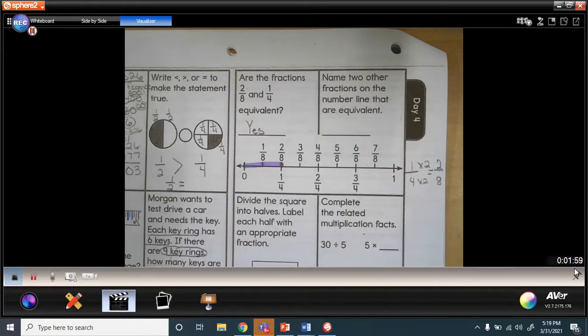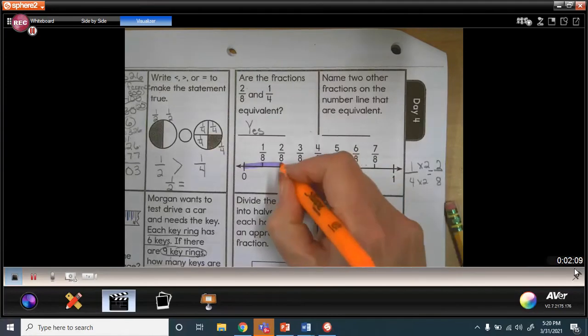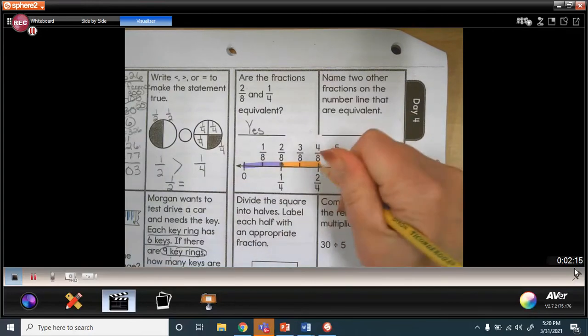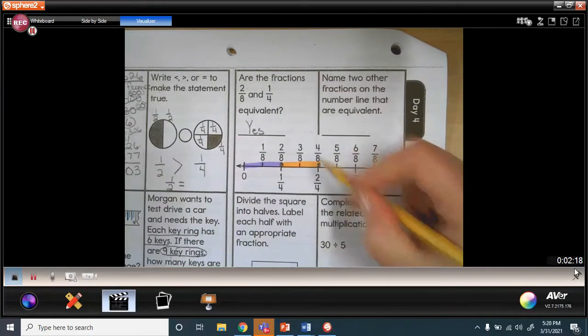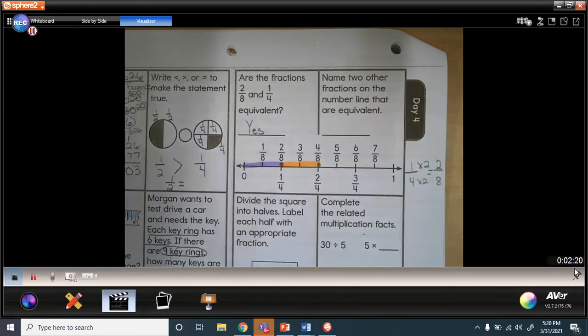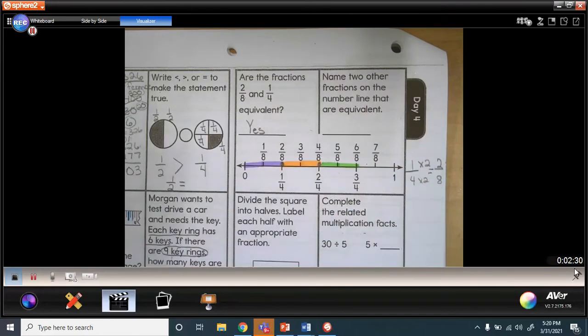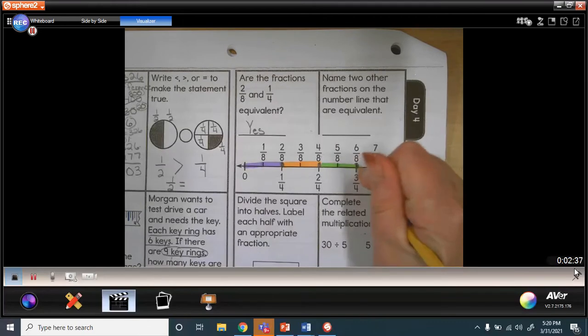Now it asks us to name 2 other fractions on the number line that are equivalent. So again, remember for every 2/8, you're going to have 1 more fourth. So 4/8 is equivalent to 2/4. Also, if I have another 2/8, that is going to bring me to another fourth, which would be 3/4.